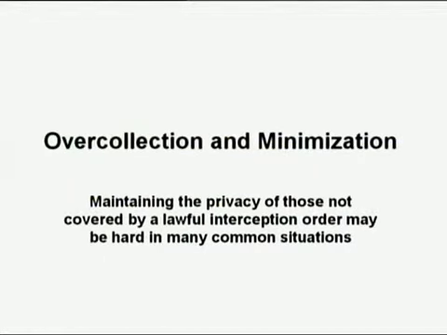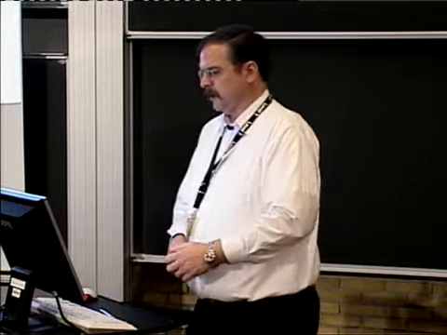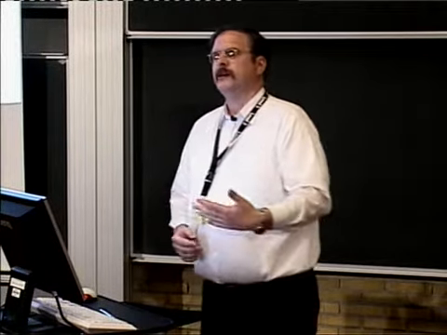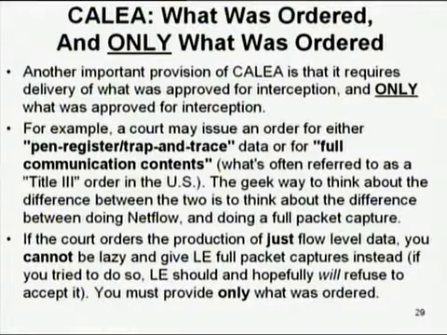The other thing I wanted to talk with you a little bit about was overcollection and the importance of maintaining the privacy of the users who are not subject to an interception order. So when you go ahead and receive a lawful intercept order, it actually requires you to only provide a given level of data. It might be pen-register trap and trace data, essentially the equivalent of NetFlow, or it might be for full communication contents, the equivalent of a packet capture.